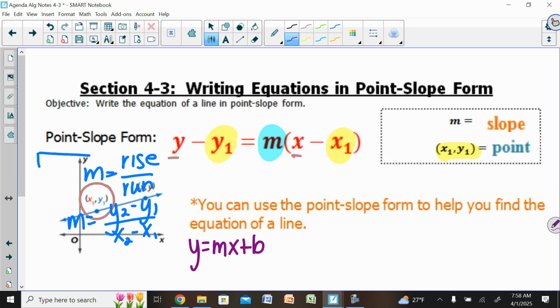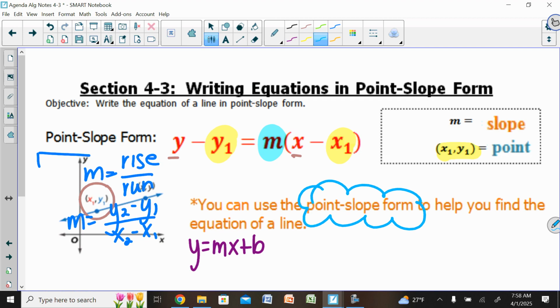There's a couple ways you can do it, and I think that this is the one that makes the most sense. So we're going to use this. That's why we're doing section 4.3 before we do section 4.2, because I want you to see how point-slope form can be incredibly helpful in getting what you need to do.